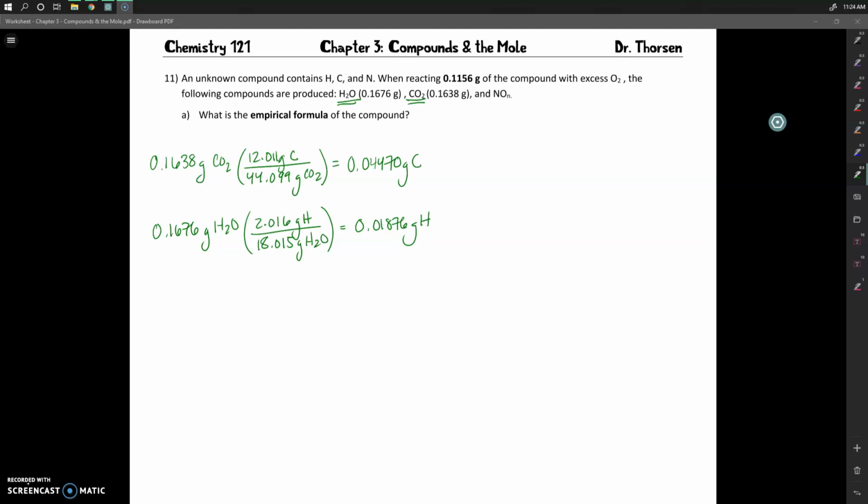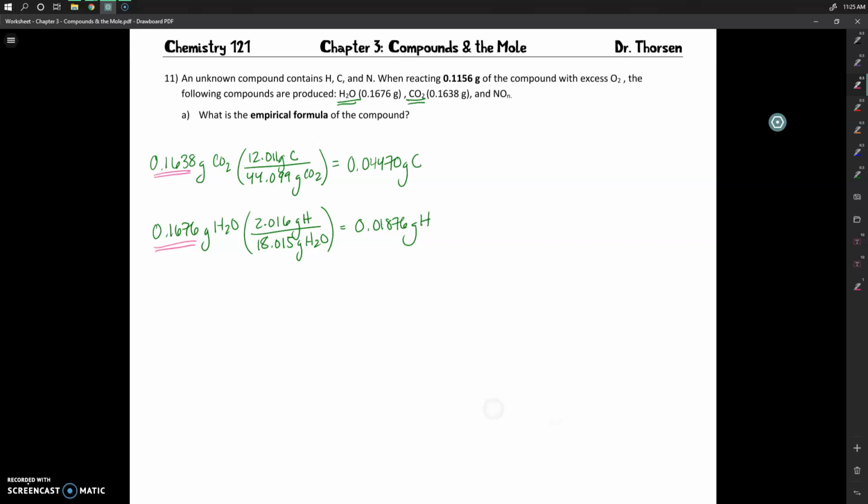If we know how much of this water and how much of this CO2 we have, and we know the formulas, then this is just a simple case of using the mass percent to figure out the mass of an element inside a certain mass of a compound, where the certain mass of the compound is these products that we formed from the combustion analysis. So the 0.1638 grams of CO2 and the 0.1676 grams of water. And we're going to try to figure out what portion of each of these masses is due to carbon for the CO2 and what portion is due to hydrogen.